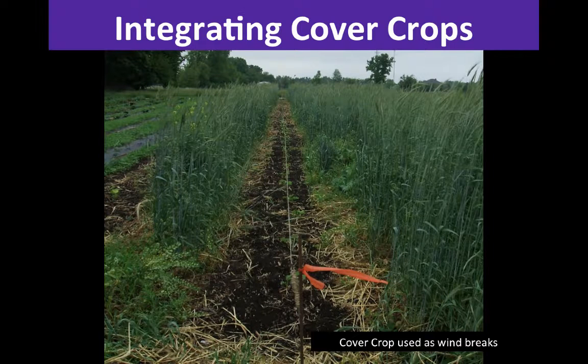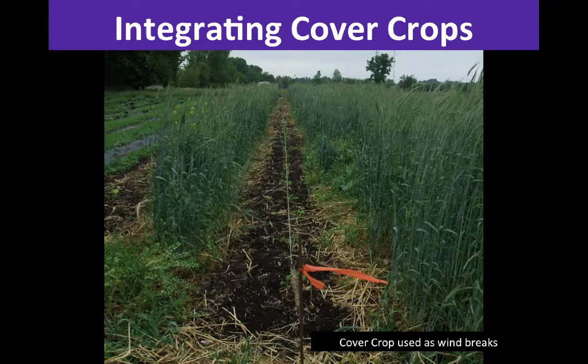You can also utilize cover crops as windbreaks. In this case, this is cereal rye, right? And so that cereal rye was planted fairly late in the fall, sometime around October 15th. It germinates and grows just a little bit in the wintertime, but in the spring it starts to grow very fast. And very quickly it can get 2, 3, even 5 feet tall.